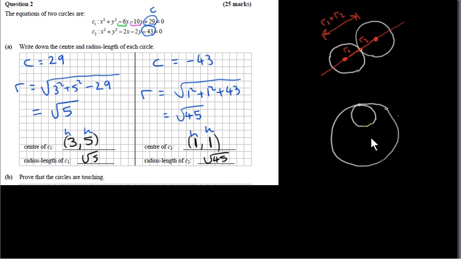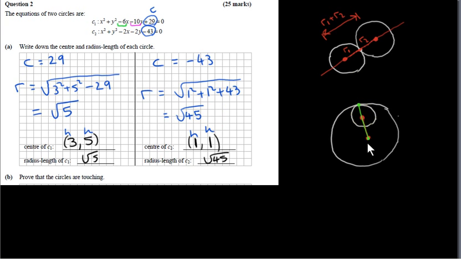Now here's another situation. Let's take the centers of these two circles and let's consider the distance between the centers of them. Well, a line drawn through the centers of these two circles will actually intersect the two circles at their common point. That's a fact. So that's the green line.